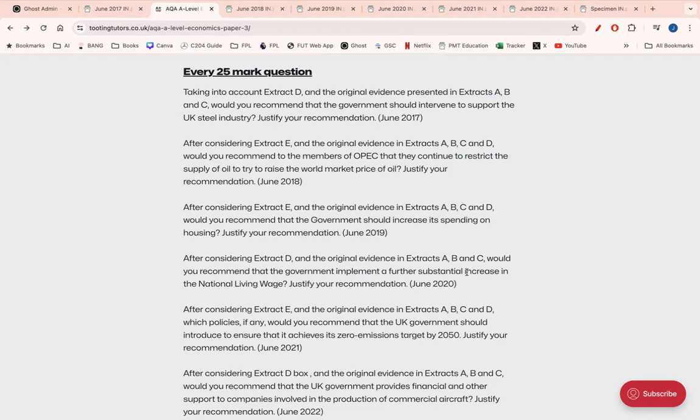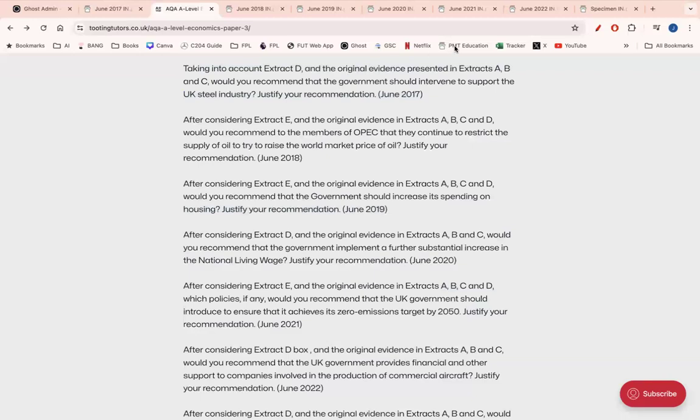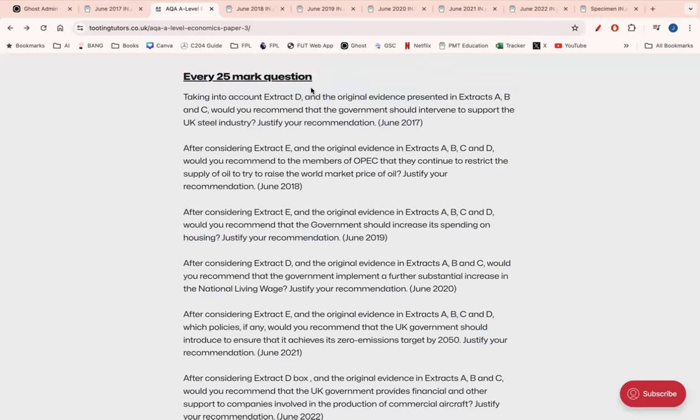Lastly, if this is not enough and you still feel unsure, one crazy thing is that in the AS papers, the contexts are so similar to paper three. For example, the oil question.